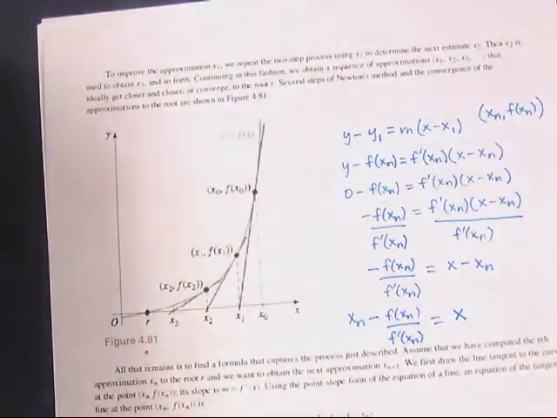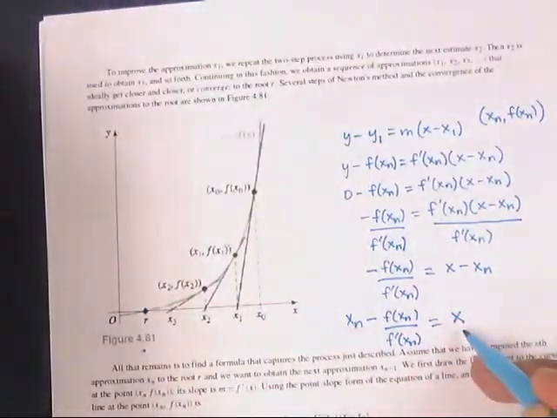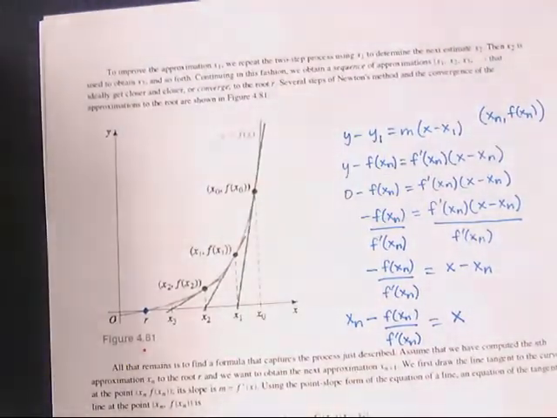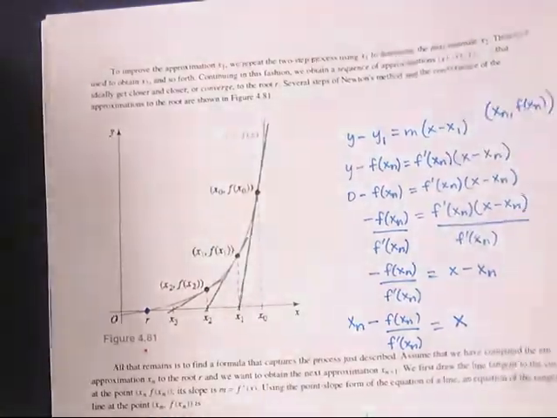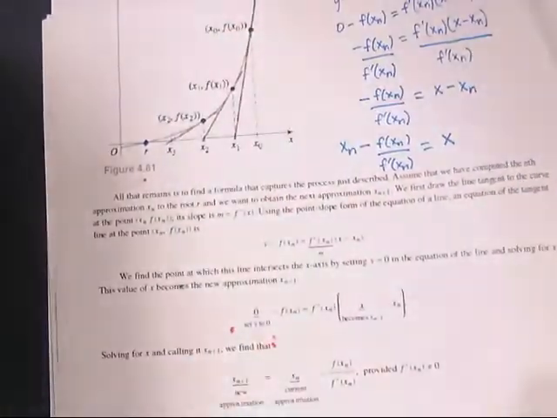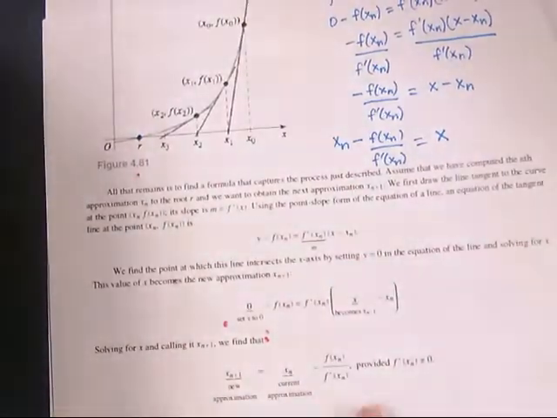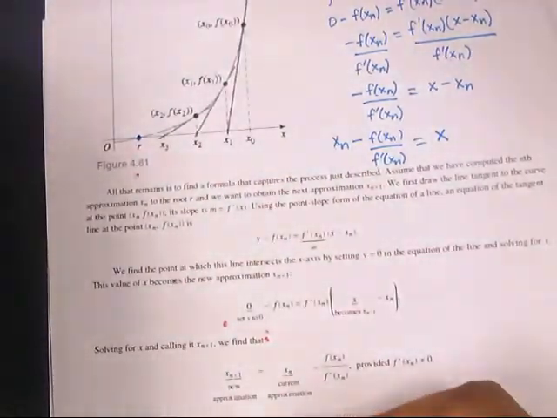Okay, now, if I call that x of n plus 1, which is going to be the new approximation, this is what I'll have. I'll go ahead and write it again.